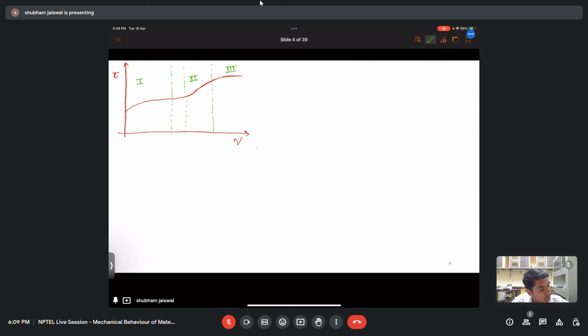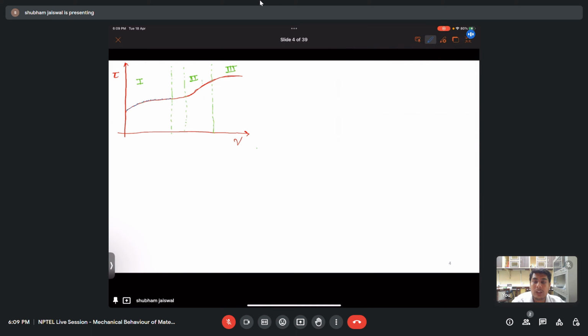In this region, which I am marking in blue, the number of dislocations is very small, so the dislocations easily glide away, and we see a negligible strain hardening effect.